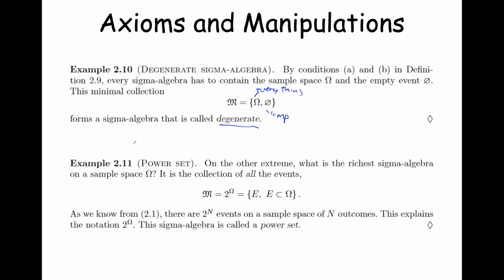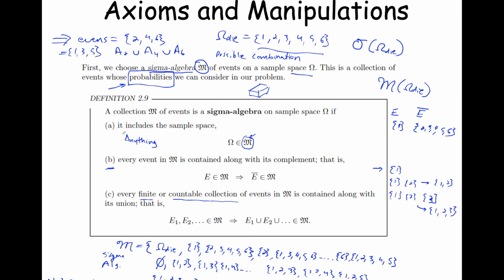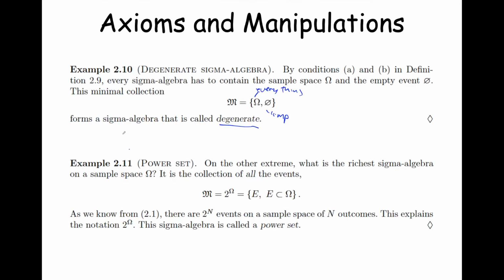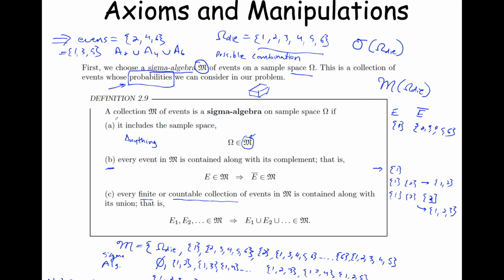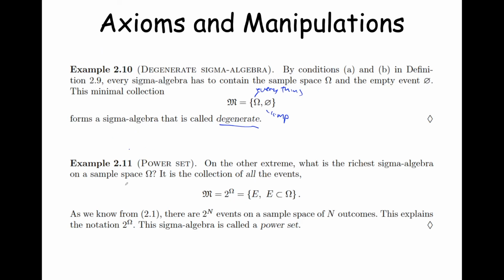Likewise, the most rich sigma algebra that we can have has every possibility imaginable. And this every possibility imaginable we describe as satisfying these three properties, A, B, and C, in definition 2.9 in the book, well, that's nothing more than the power set.